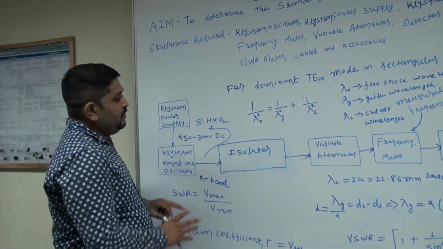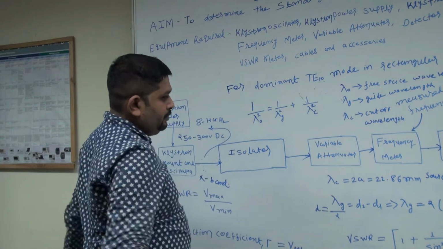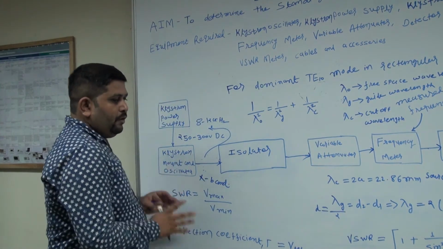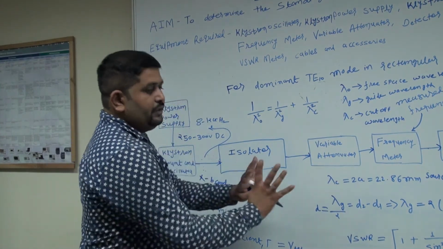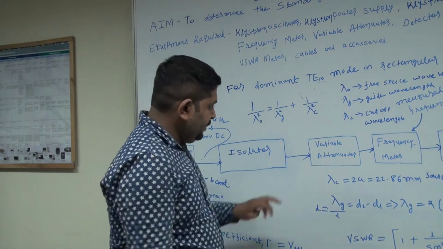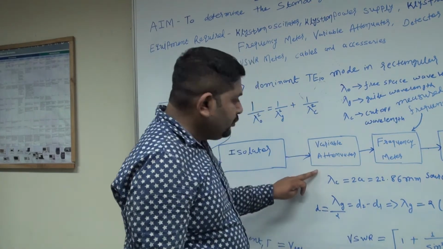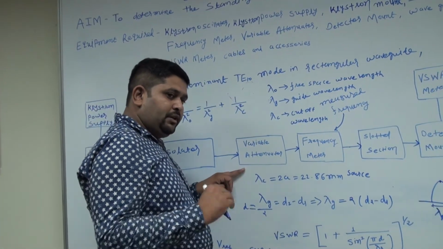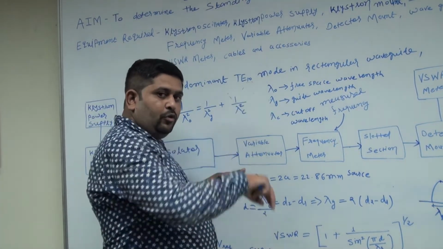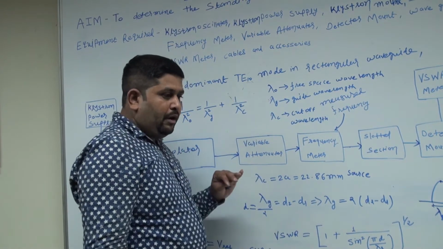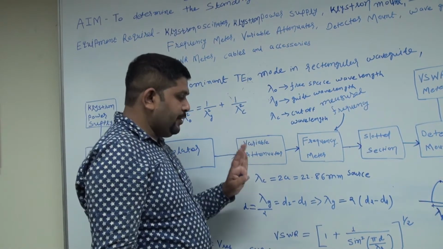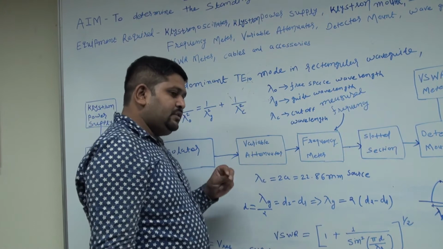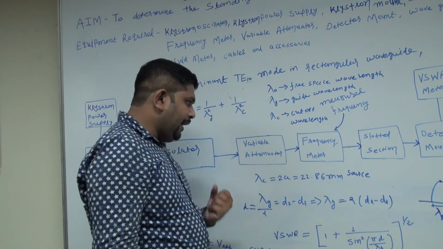Because of that reason, we have used the isolator. And the function of the variable attenuator is to attenuate the power based on our requirement. In fully open mode, no power is absorbed in the variable attenuator, otherwise some power is absorbed.